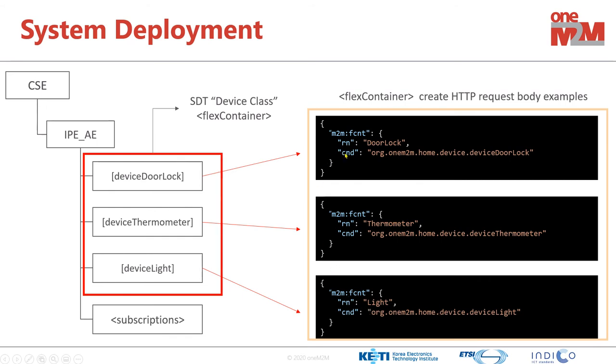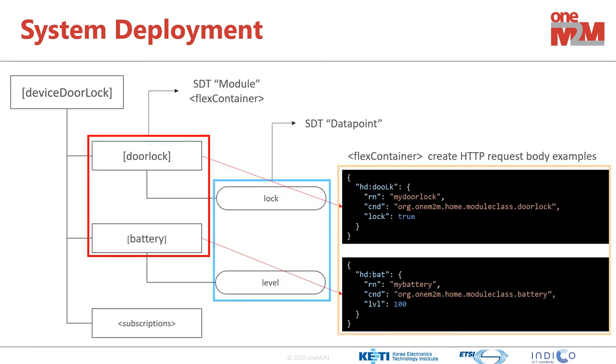And you can note that there are no special custom attributes. What I mean can be noted like here. For example, this is the module class for door lock and the battery, and the door lock has the lock as the property, which is additional to the container definition.